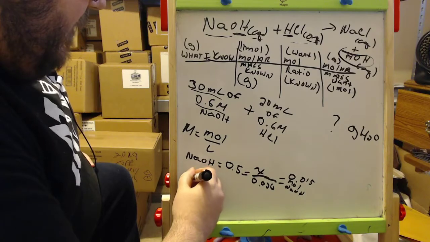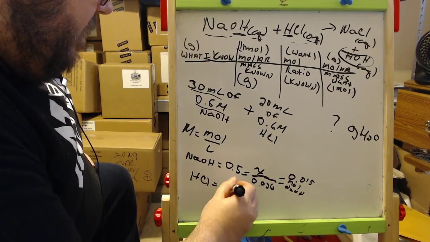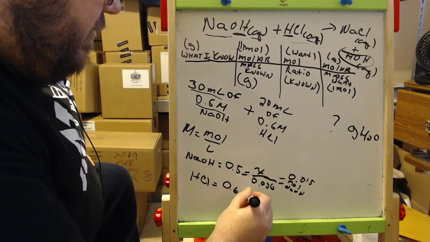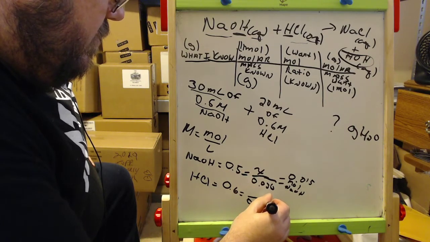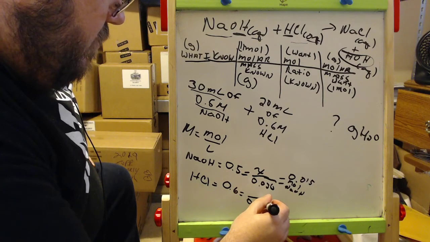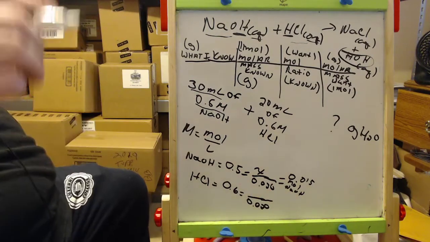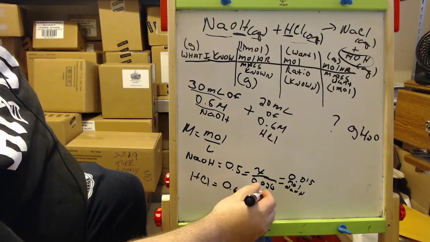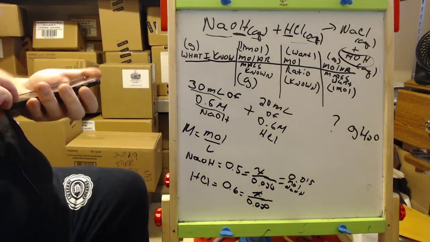We would do the same thing with HCl. 0.6 equals 0.020 over X. And we'd figure out the moles of HCl we're using.